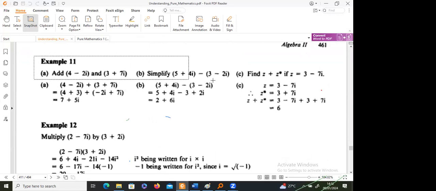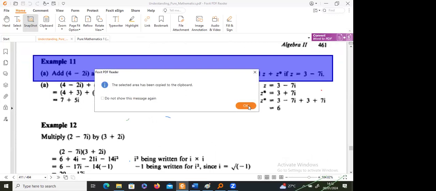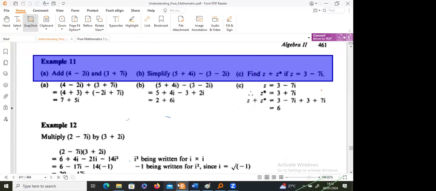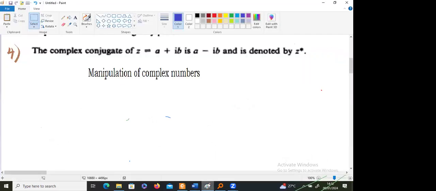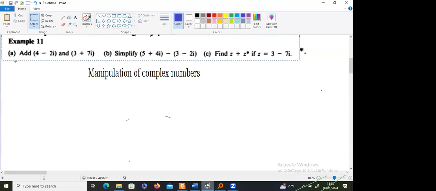Those who do not have the book, I can give you. Is someone there? Good. Can you read for us the example? What does it say? Add open brackets 4 minus 2i and open brackets 3 plus 7i.